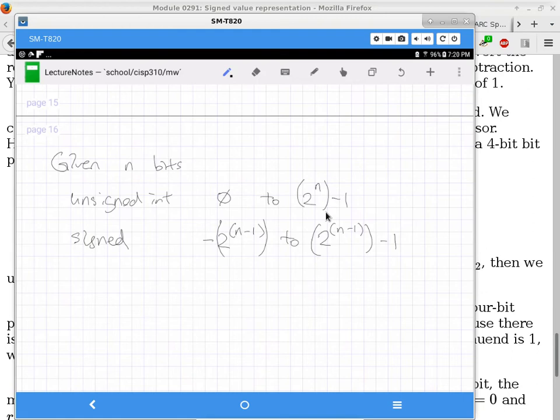No, the whole equation, not minus 1. This minus 1 has to be here, because this is telling you the largest positive value you can represent is going to be an odd number. It cannot be an even number. Now if you divide the whole thing by 2, then if you use integer division, you're not going to get the same result. Because 2 to the power n, oh okay, it's always going to round down, right?